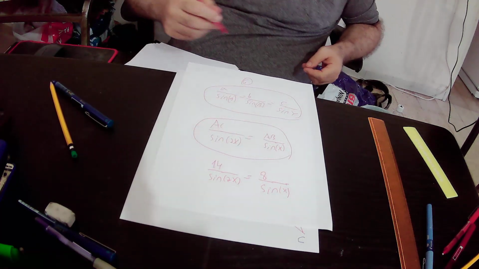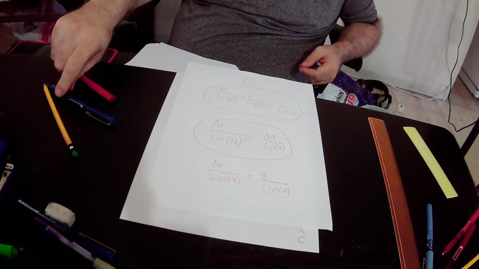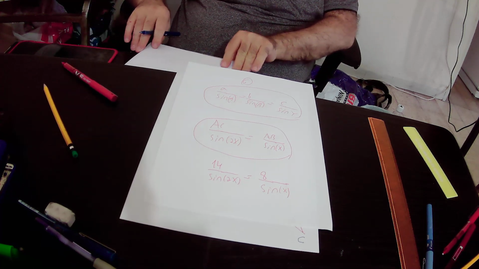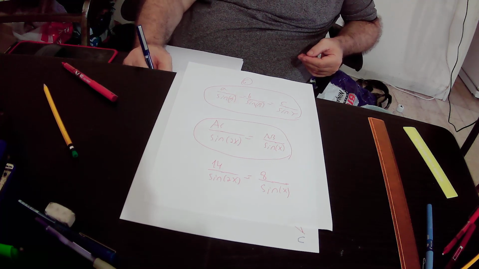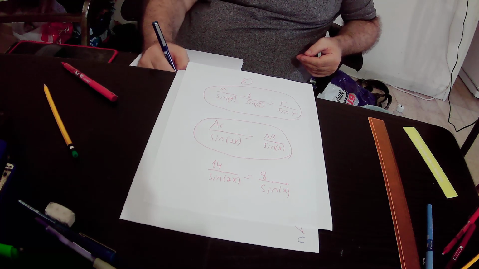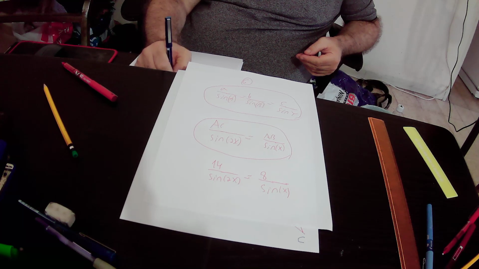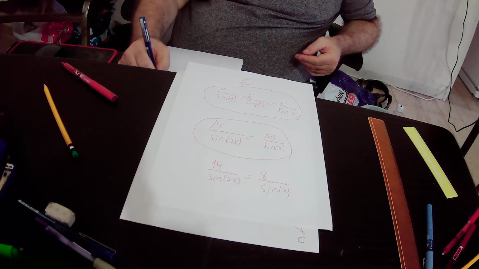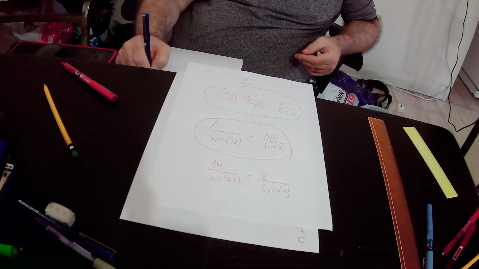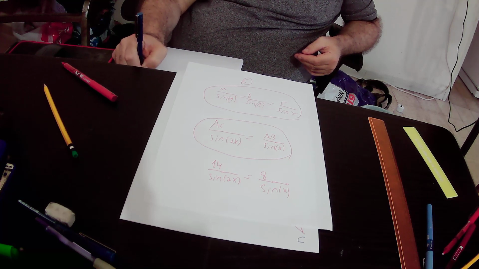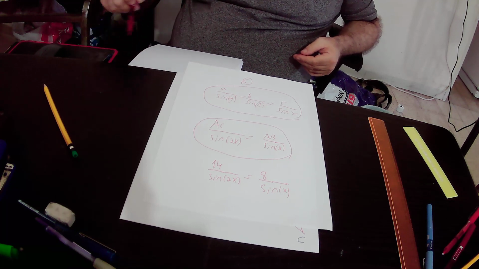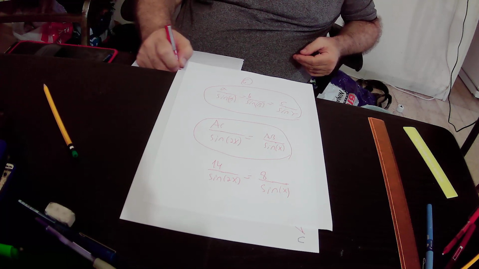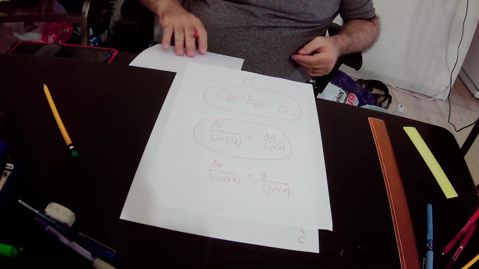And we have the second trigonometric identity that states that the value of sine 2x equals 2 sine x cosine x.